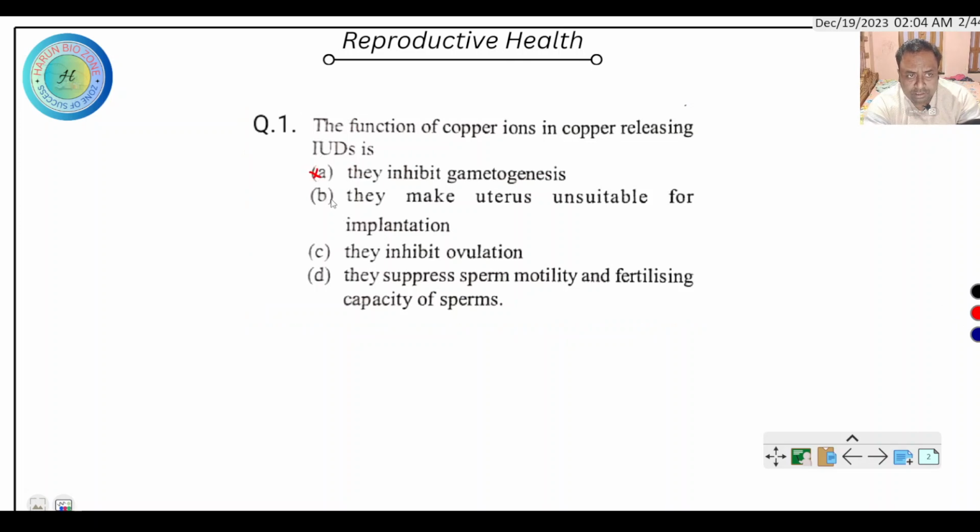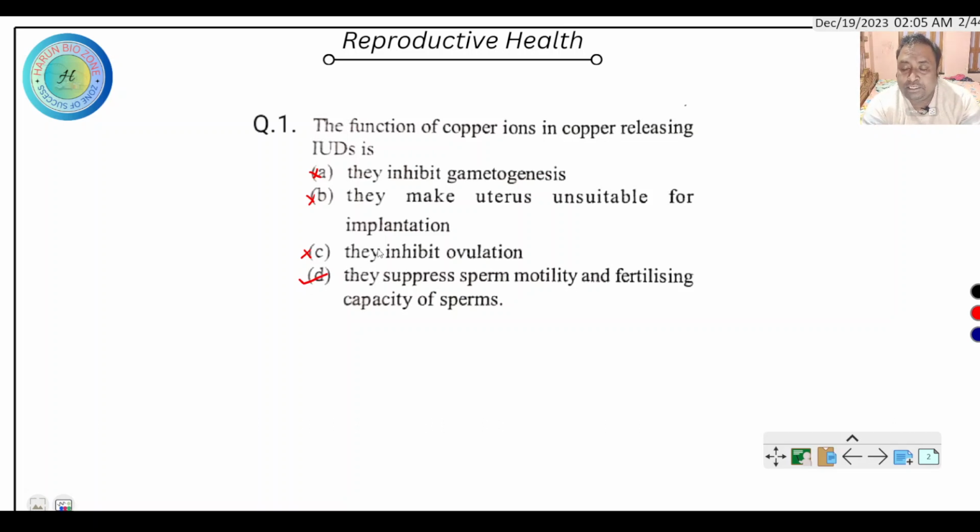They make the uterus unsuitable for implantation. No, this is also not right. It means the endometrium wall is made unsuitable by copper ion. No. They inhibit ovulation, meaning copper ion inhibits ovulation from the ovary, that means egg release. No, it's not right. But the right option is that it suppresses sperm motility and the fertilization capacity of sperm.